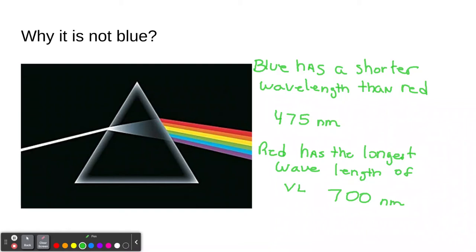So let me say this again. Blue light does not penetrate as far into your skin or your tissue as red light does. So red light could penetrate more, and I'll put red, why not? It could penetrate into your skin about 5 to 10 millimeters. That's a lot.